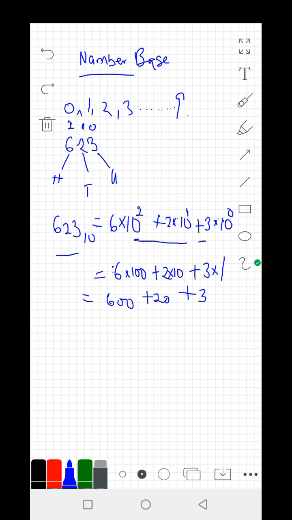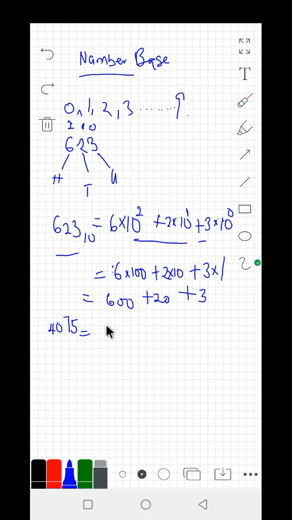Other number systems are also used. Another example is if we had something like 4075.